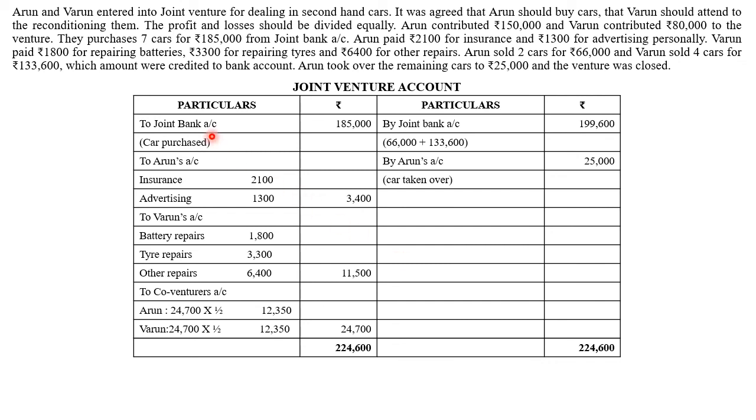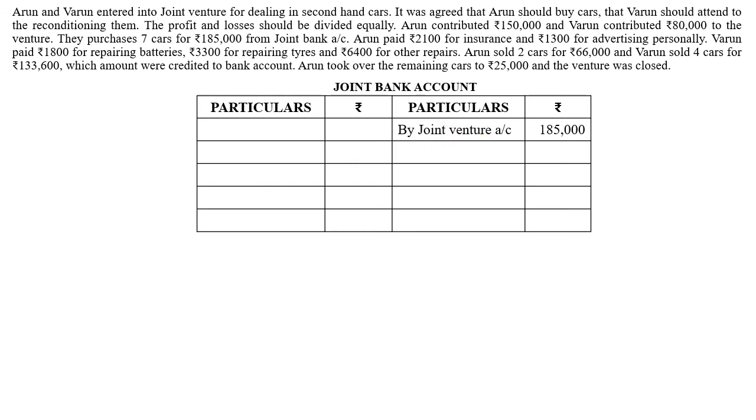Here it is to joint bank, means this is by joint venture. First you write by joint venture. See, in joint venture account debit side you have written to joint bank 1,85,000. In joint bank account it is by joint venture account 1,85,000.